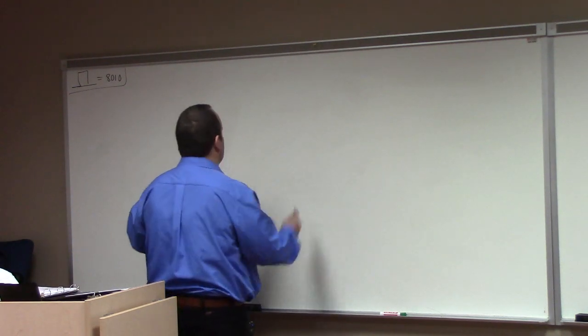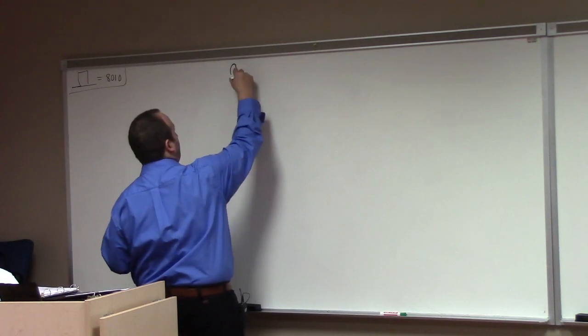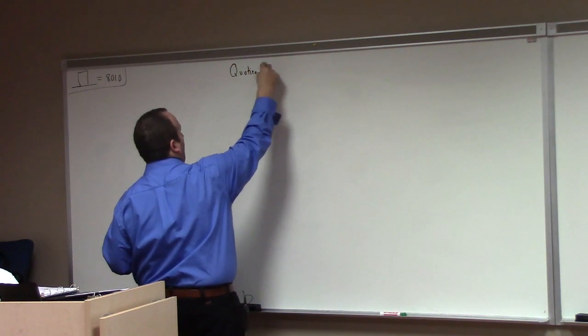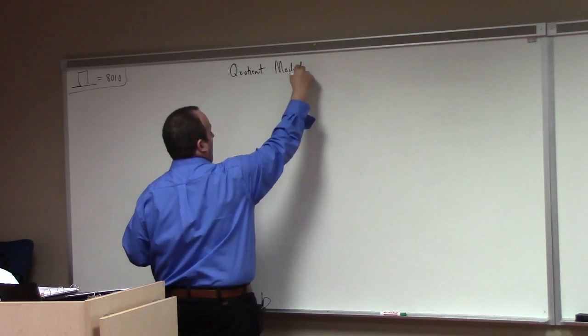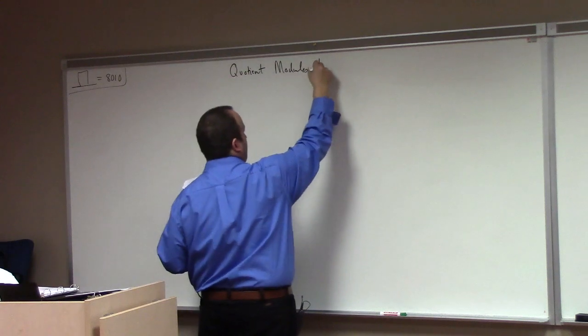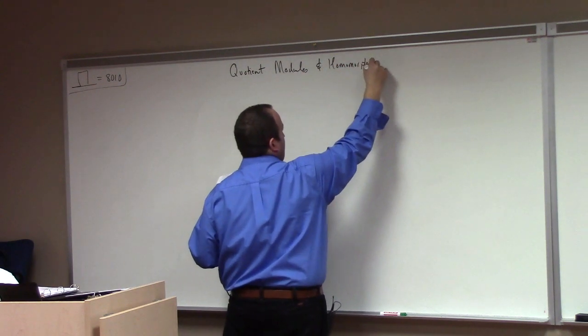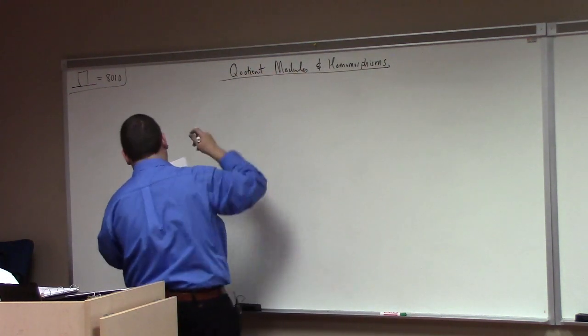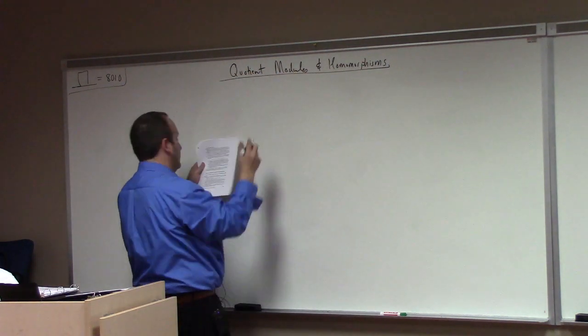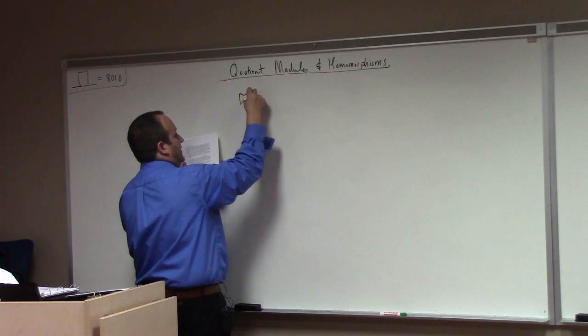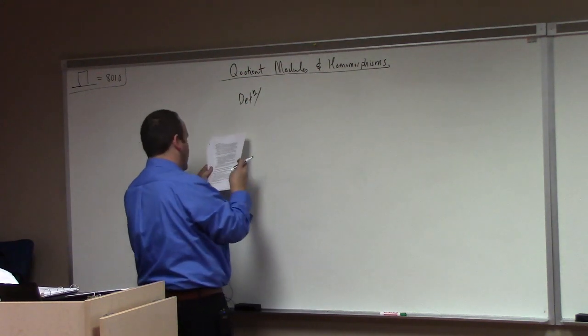Let's talk about quotient modules and homomorphisms. I'll try to just hit the high points here. First of all, I need to just define for you what's a module homomorphism.